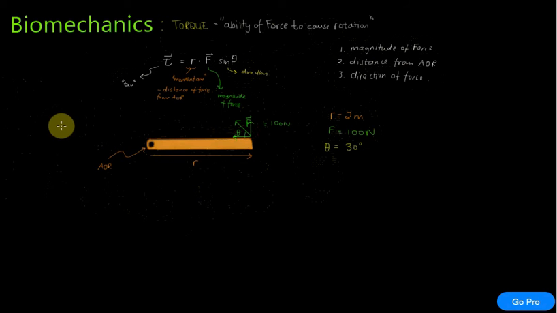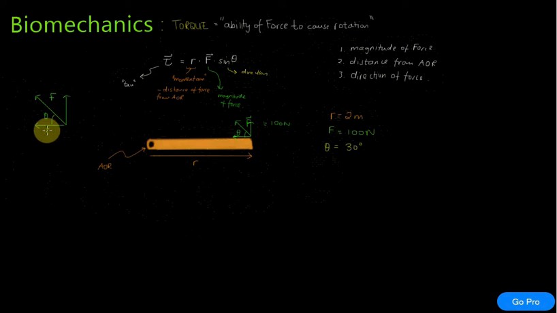The reason that is the case, if I just had to redraw that force over here for a second, let me make it a little bit bigger, is if this is my force and this is the angle at which the force acts, then I have this horizontal component of the force and this vertical, or perpendicular, component of the force.